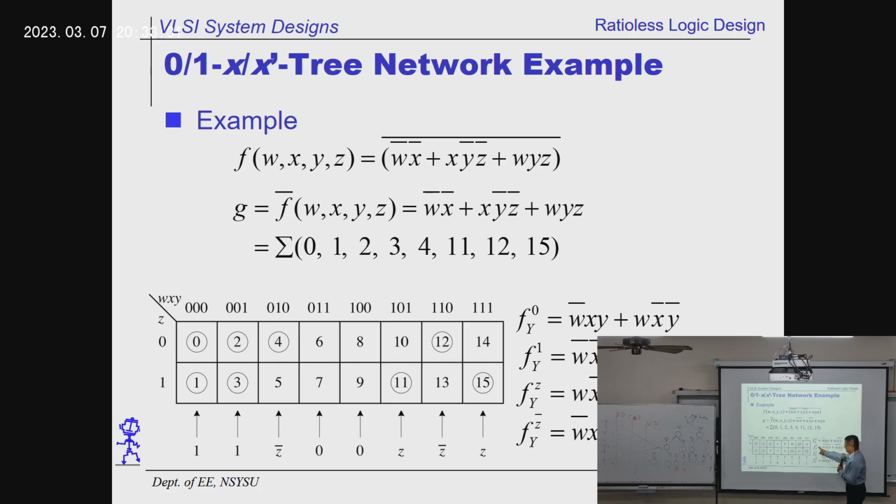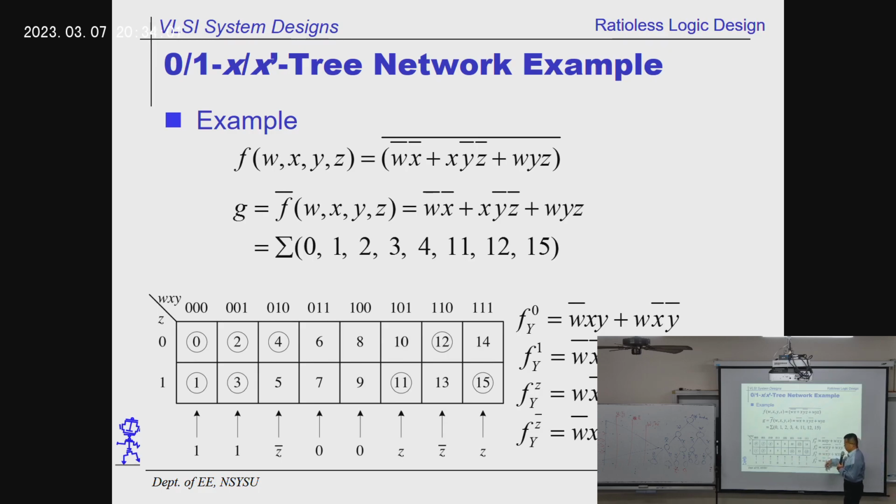For the one input, how many terms do we have? These two terms, 0, 0, 0, 0, 0, 1. So it has to be W bar, X bar, Y bar, and these two terms. Then we can merge them together because we have something in common. We just use the mathematical way to find the common term, so we eliminate Y bar to Y using basic Boolean manipulation.